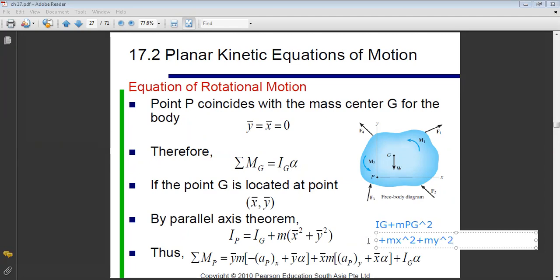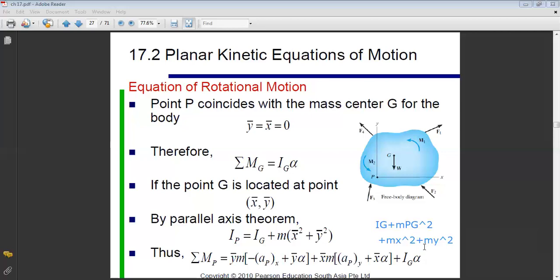And I can see from previous expressions that I have a term in common. Here I have mx bar, and here I have mx bar times APY. So I will take mx bar as factor. If I take mx bar as factor, I obtain APY plus x bar alpha.